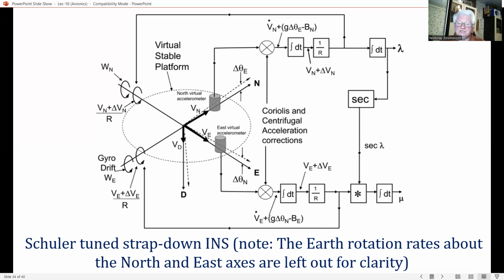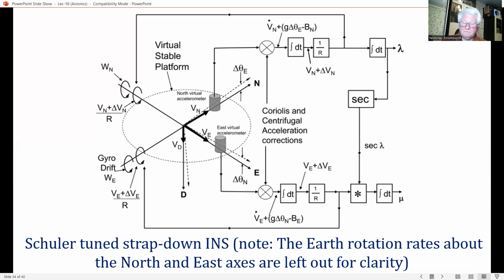This axis rotation introduces a Coriolis acceleration component, as will be explained a bit later in our module. The aircraft also experiences small centrifugal acceleration components as it follows the Earth's curvature. Do you agree with me? Okay, nice. The Coriolis and centrifugal acceleration components are small, less than 0.05 meters per second squared, but nevertheless need to be computed.